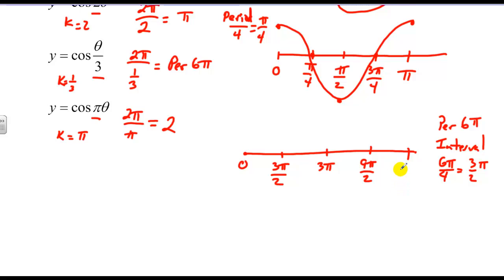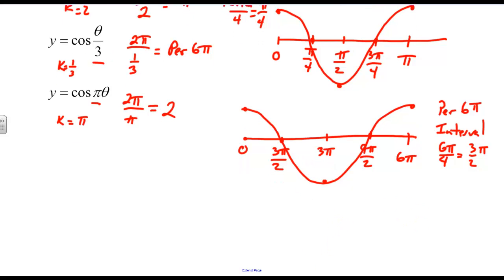Add 3 pi over 2 to that, I get 12 pi over 2, which is 6 pi. And this is going to be one period of cosine. So once again, I graph the cosine function going through each of those intervals. And there's my new graph with my x multipliers all in there. But nothing else changed.